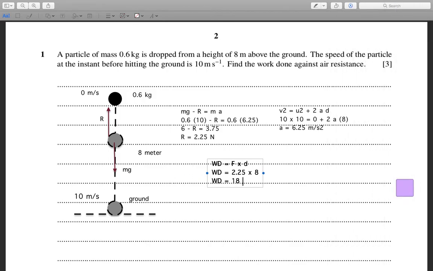Yes, finally we get the work done equals 18 joules.